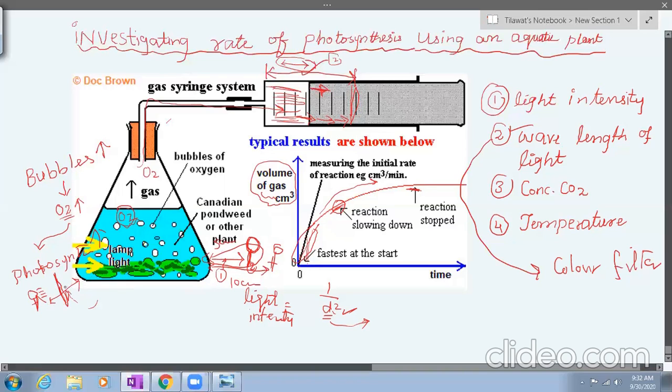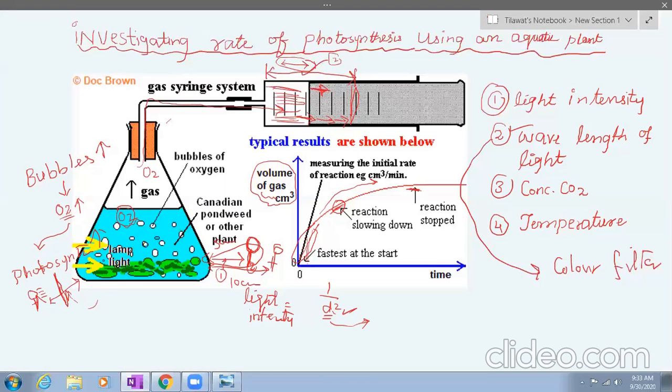Okay, so it's a different color filter, so it means a different wavelength of light will pass through that, and it will show you at which wavelength, at which color, the light is working and the rate of photosynthesis is high.